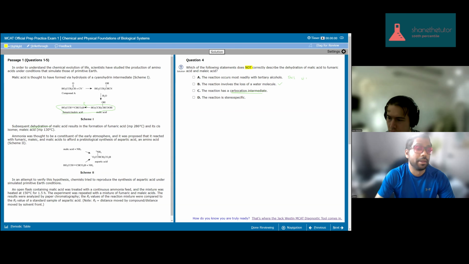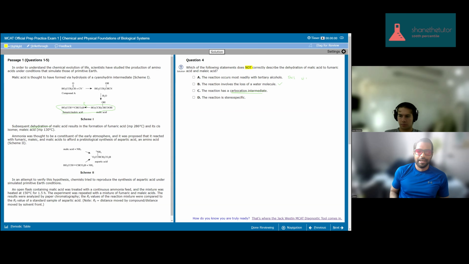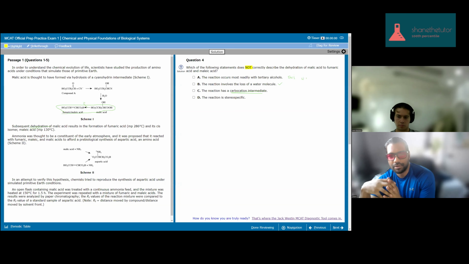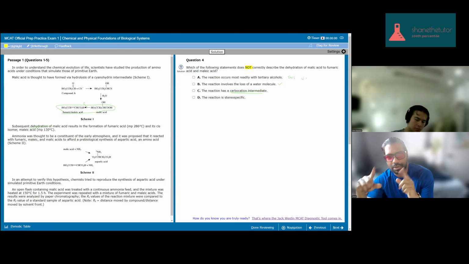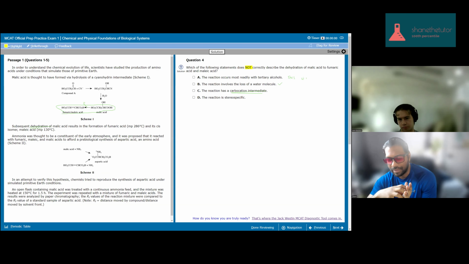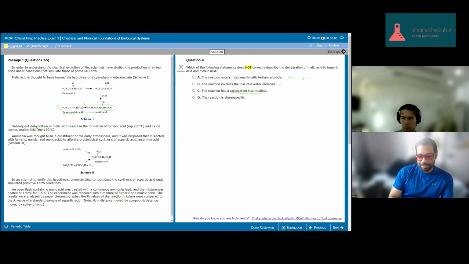And then stereospecific, that's also an SN1, SN2 thing in disguise. Because SN1 would produce that racemic mixture that is not stereospecific, but SN2 would be, when you have that inversion of stereochemistry. So when something is stereospecific, does that mean it's talking about SN2? Well, I guess it just means that the stereochemistry matters.